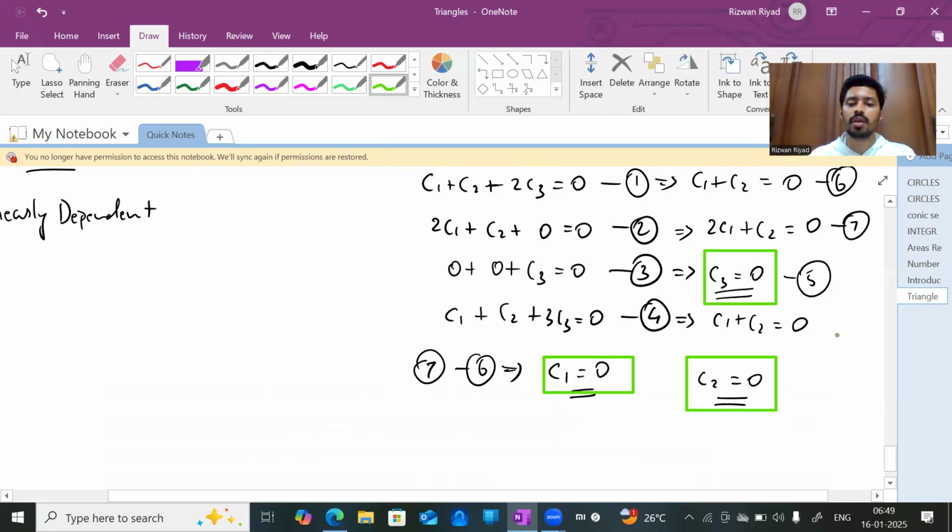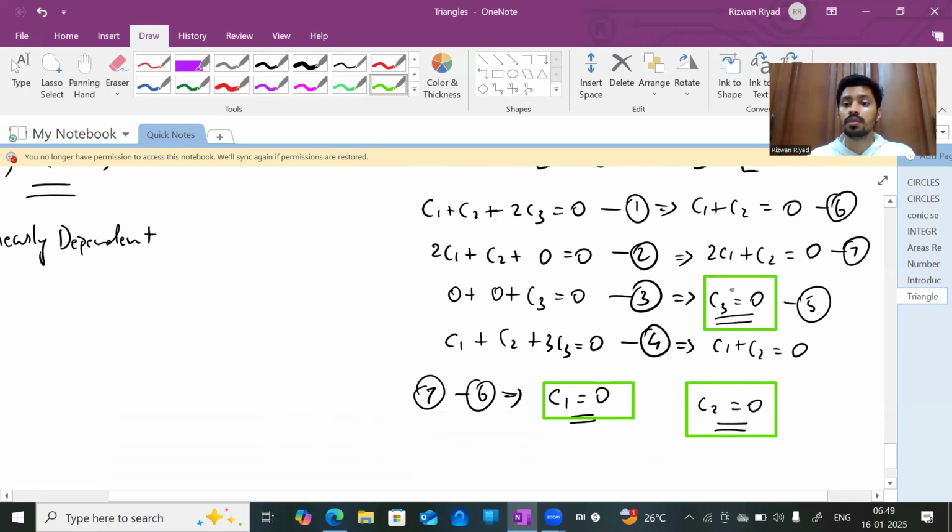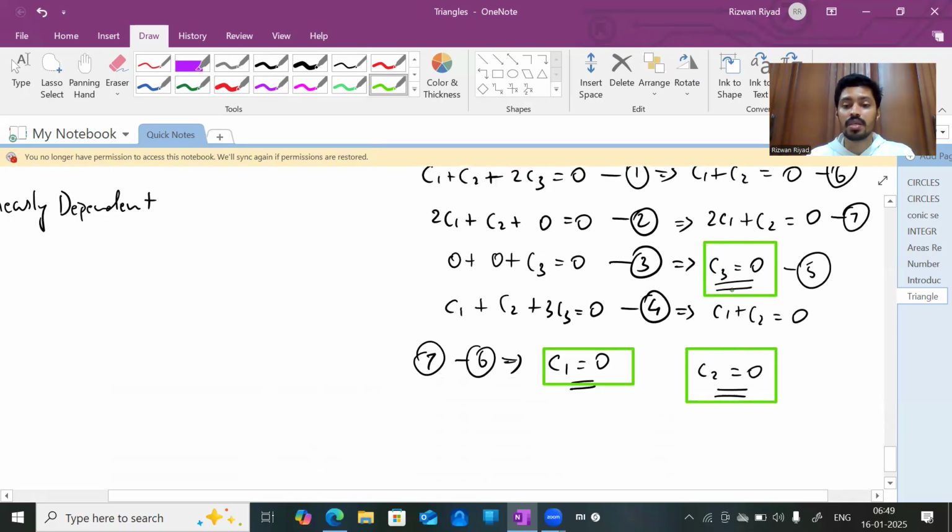Only in this case does it hold. That means all of these values C1, C2, C3 are 0, so they are linearly independent.